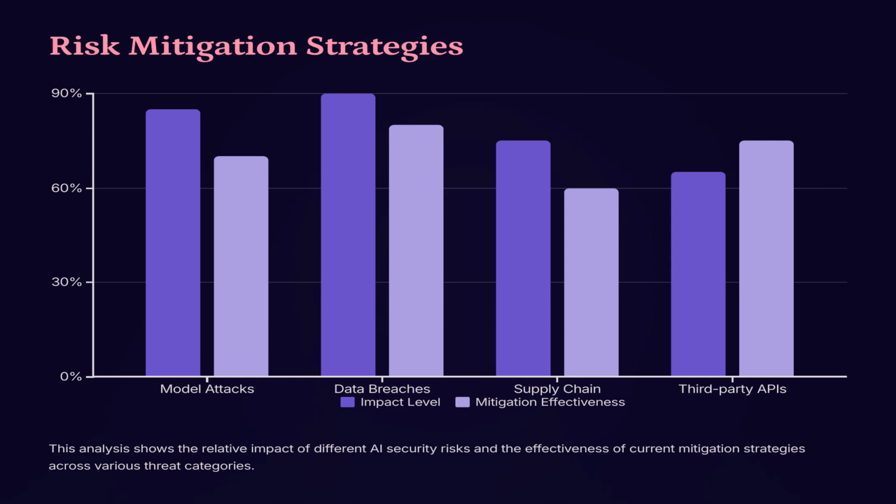risk mitigation strategies. This slide illustrates the diverse landscape of AI security risks: model attacks, data breaches, supply chain vulnerabilities, and threats from third-party APIs. The graph showcases the impact level of these risks alongside the effectiveness of current mitigation strategies. As we can see, each category poses unique challenges, and understanding their relative impact is essential for prioritizing our defense efforts.